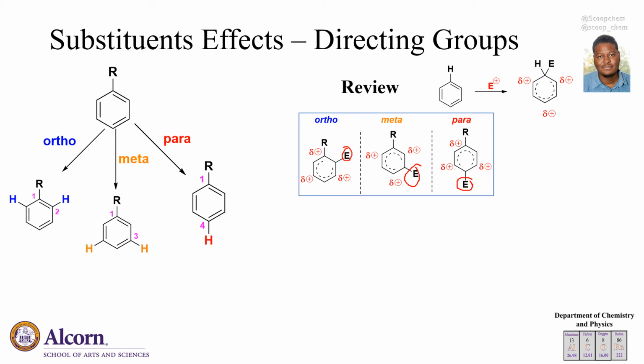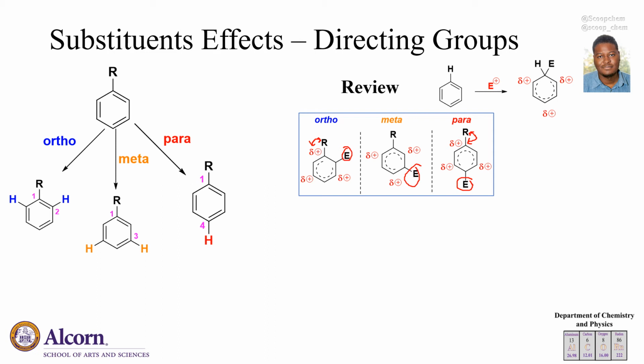If I look at the ortho position, I generate a carbocation directly next to this R group right here, right? And I do the same thing in the para position. Again, there's a plus charge directly next to this R. But in the meta position, I don't have the plus next to the R, and those features are very important.